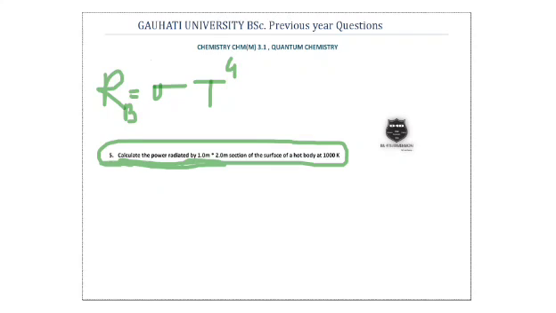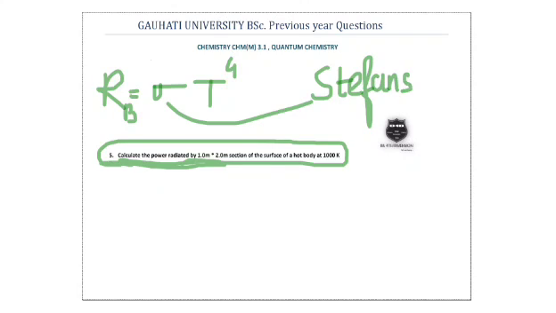RB is the emissive power, sigma is Stefan's constant, and T is the temperature raised to the power 4.